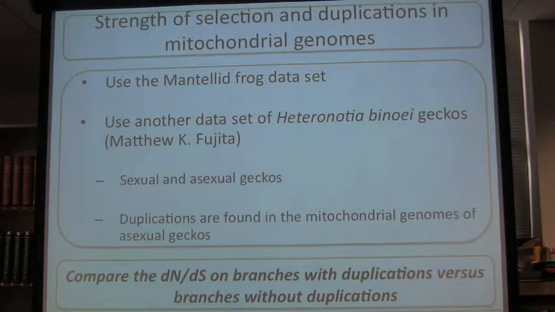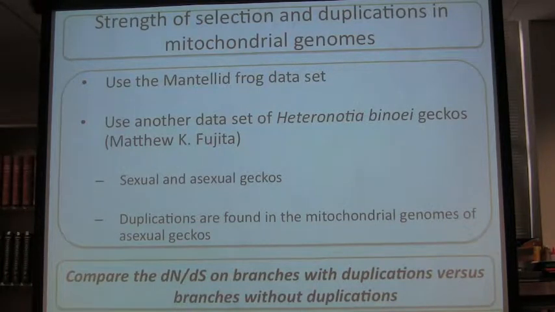And so what we've been doing there is just to compare the dN/dS on branches with duplications versus branches without duplications. So there we don't need to cluster the branches agnostically because we already have the hypothesis, because we can infer fairly confidently where duplications have occurred on the phylogeny and where no duplication has occurred.